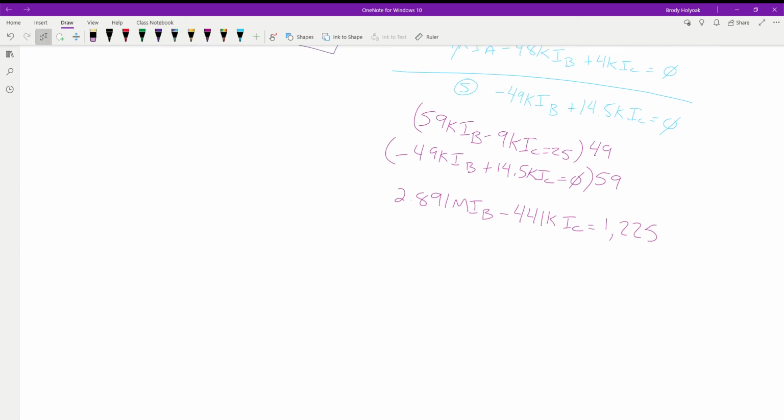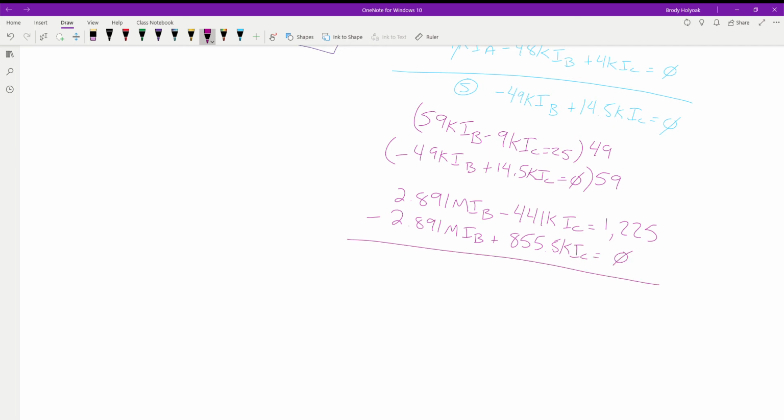Now we're going to multiply the bottom, so we end up with a negative 2.891 meg IB plus 14,500 times 59,000, 855.5K IC equals 0.